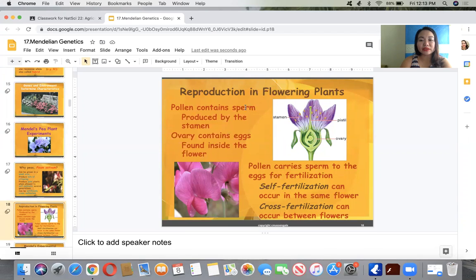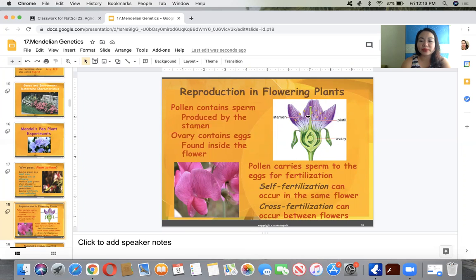So reproduction in flowering plants involves what you have known in your biology lessons before. This is the reproductive organ of the plant containing the stamen, or the male reproductive organ, and the pistil and the ovary, the female reproductive organ. The pollen contains sperm produced by the stamen, and the ovary contains the egg inside the flower.